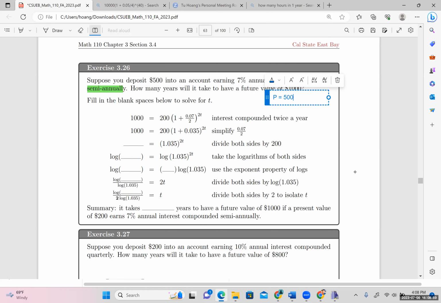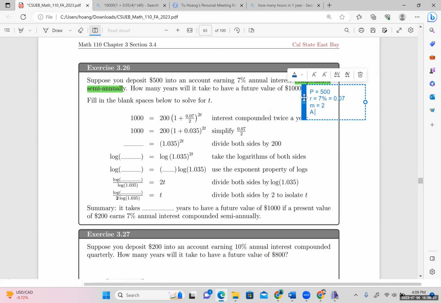P equals $500. Rate is 7%, which is 0.07. m equal to semi-annually 2, right? So what about A? Maybe I move it out here. A is 1000 only, right?